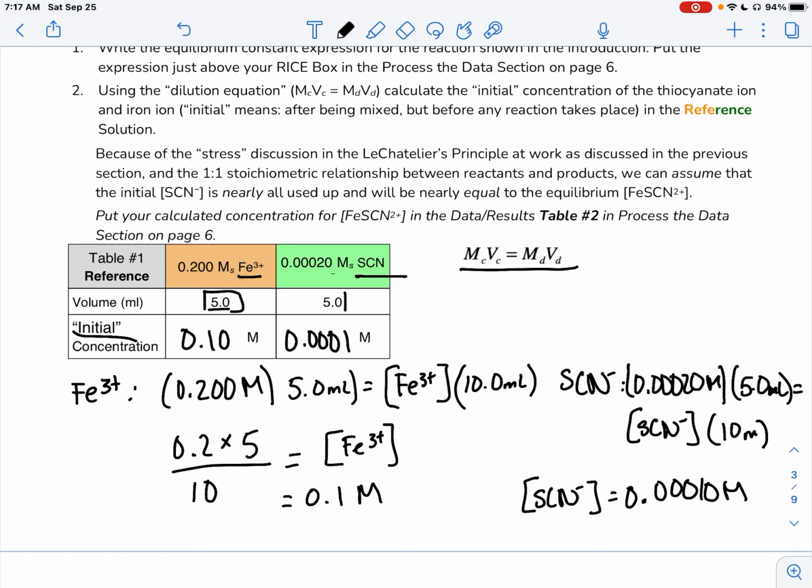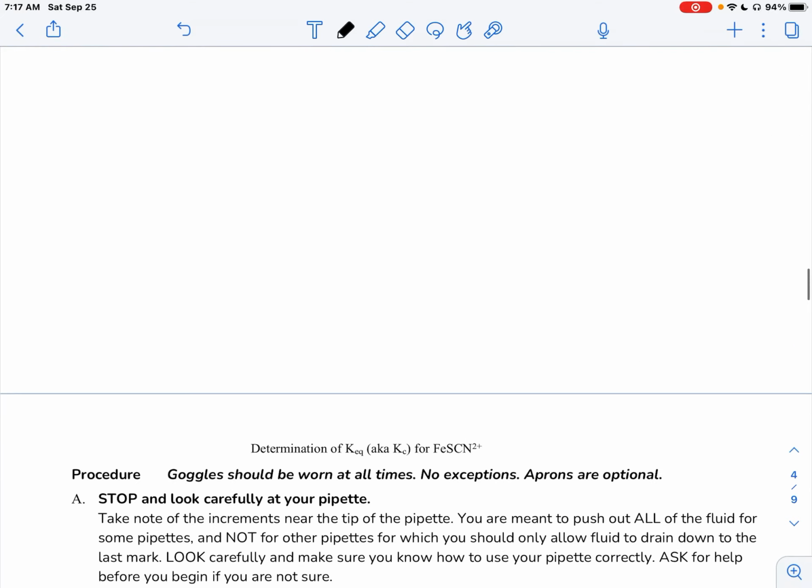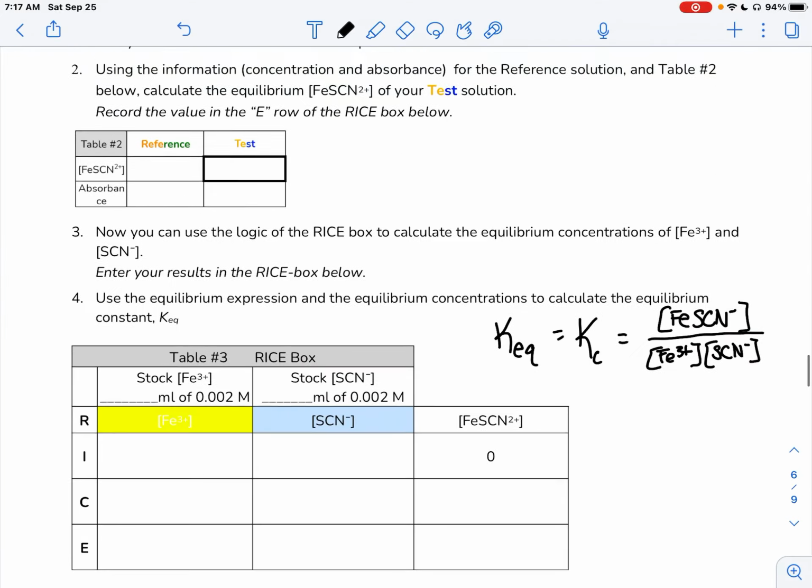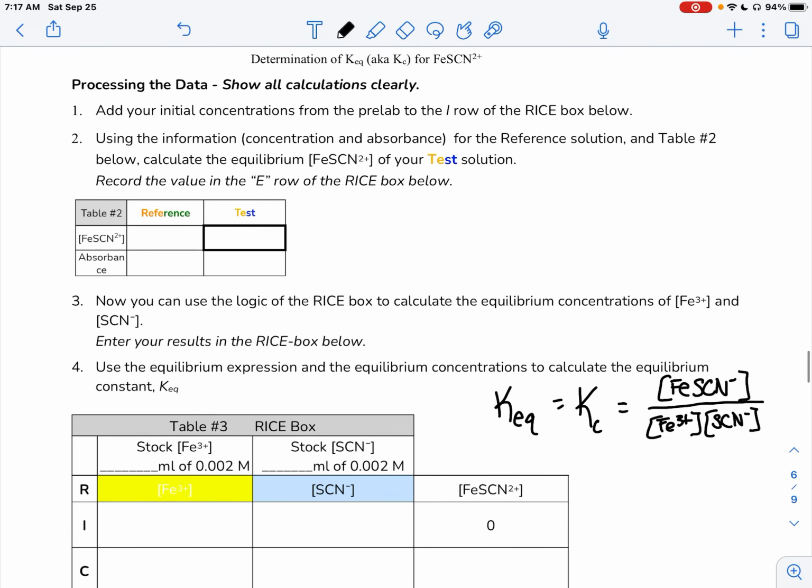And then we go to table number 2. We need to put this calculated number in table number 2 and process the data. So go down to table number 2 right here. In our reference concentration of FeSCN2 plus, we can put this.